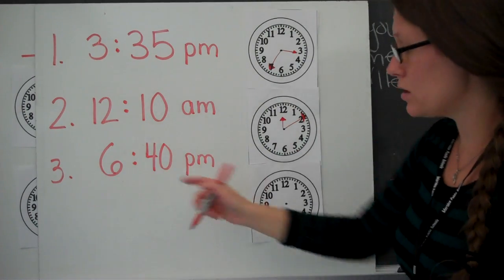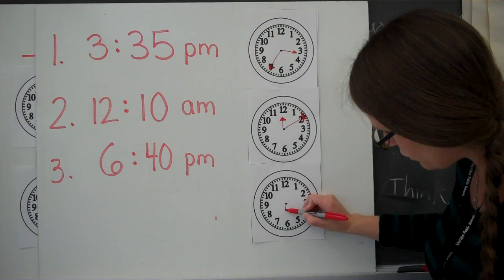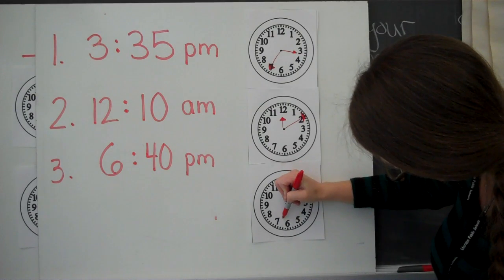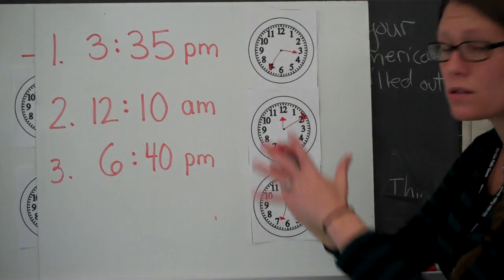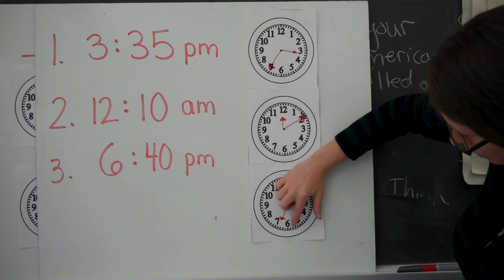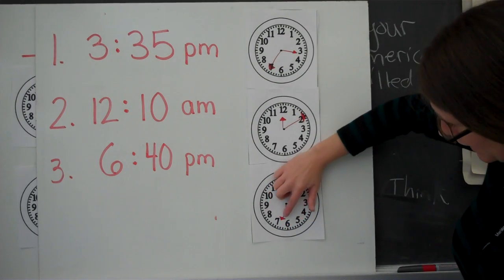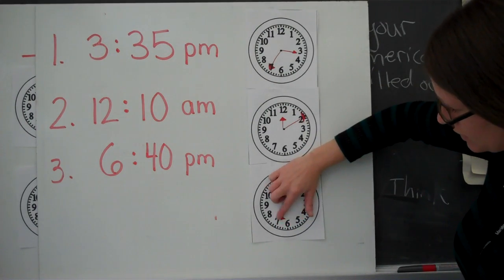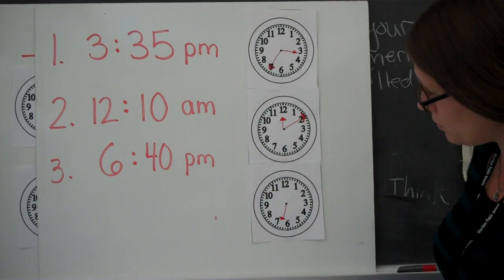The hour is getting closer to 7, so I'm going to make my hour hand almost pointing to the 7 because it's almost going to be 7 o'clock. Your 6 o'clock hour moves from the 6 to the 7. So your hand needs to be in between the 6 and the 7. Now I'm going to do my minutes.